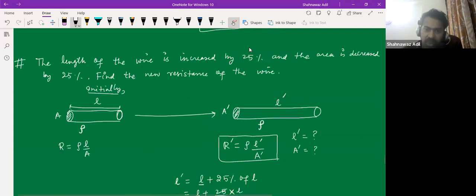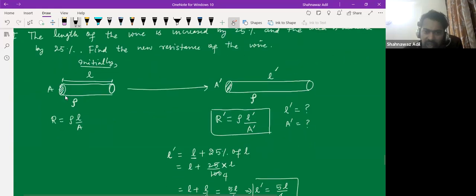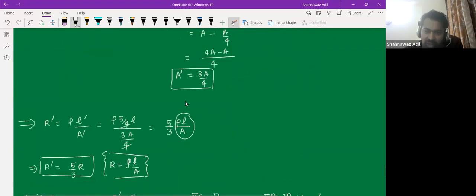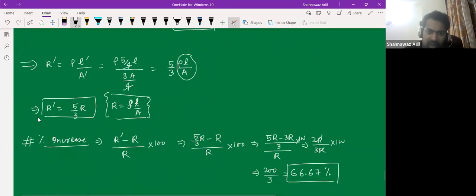What did we do? We had this wire. We increased the length of the wire by 25%. We decreased the area by 25%, and then we wanted to find the new resistance. So this part is done. We have already found the new resistance, but we can also find the percentage increase or decrease, right?